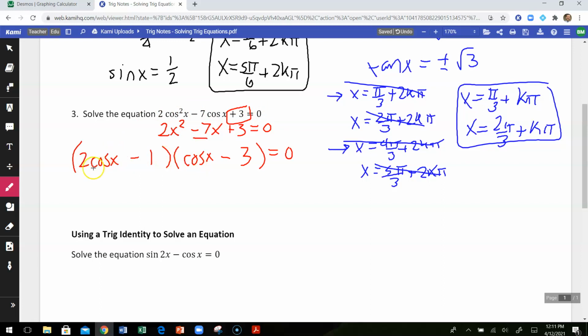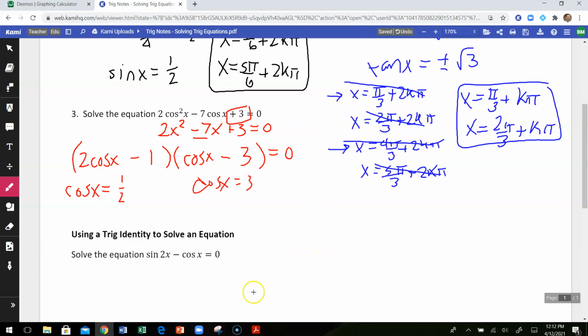So 2 cosine squared x minus 6 cosine x minus 1 cosine x, that's going to give me the minus 7 cosine x, and then plus 3. At that point, I can set each one of these equal to 0. So 2 cosine x minus 1 equals 0 is going to give me cosine x equals 1/2. And this one would give me cosine x equals 3.